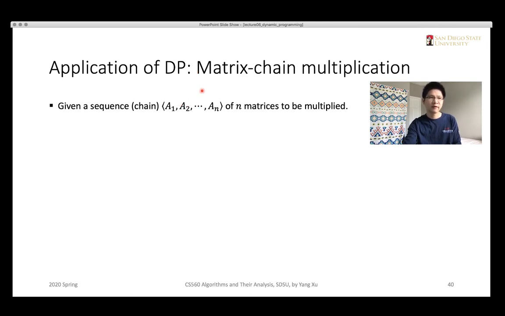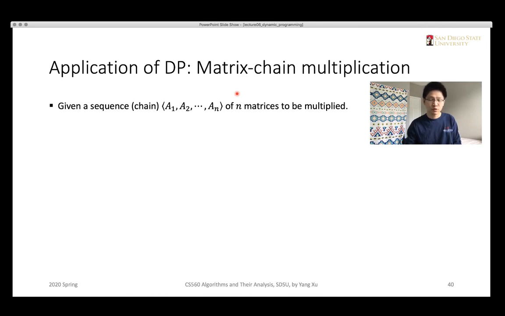To be clear, this is a different problem from the matrix multiplication problem that we talked about before in the divide and conquer lecture. We said that in order to multiply two matrices together, there's a way to improve the efficiency using some divide and conquer tricks.